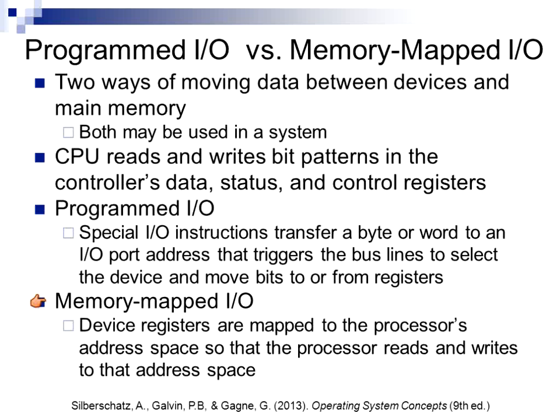In this case, the device registers are actually mapped to the processor's address space, so that the CPU, all it does is read and write to memory, and that gets sensed, and the device treats that memory as its registers, and the controller will act accordingly depending on what bits were set in these different registers.